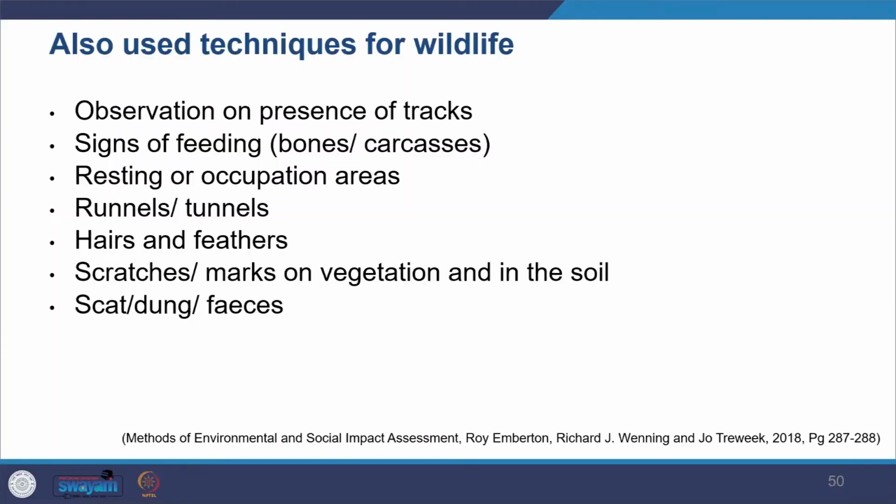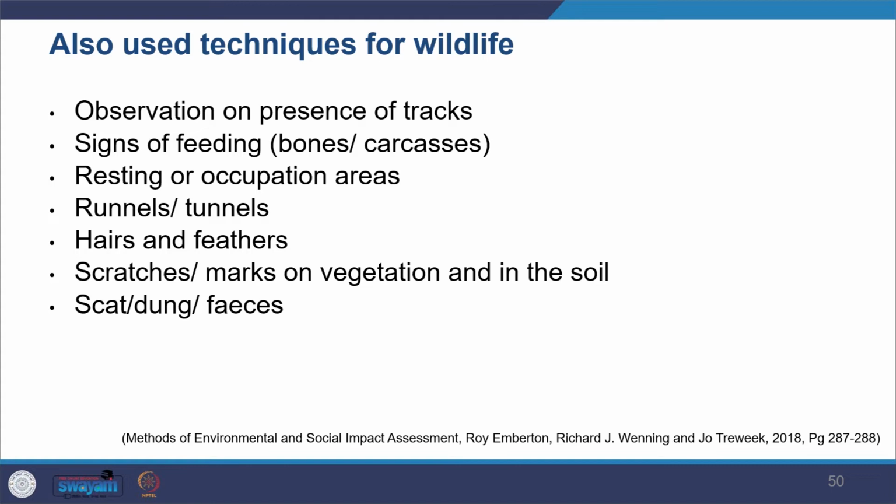You also find some more techniques used for wildlife purposes, such as observation of the presence of tracks. You can find wildlife tracks and make notes of what kind of ranges you're seeing. You can see signs of feeding, such as bones and carcasses you may find on site.